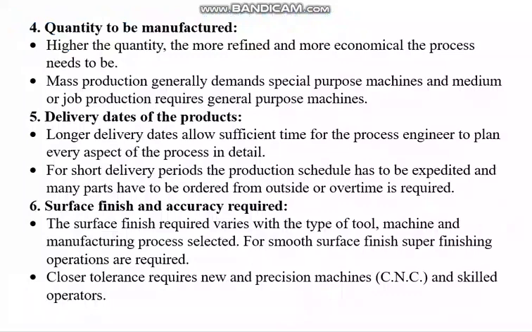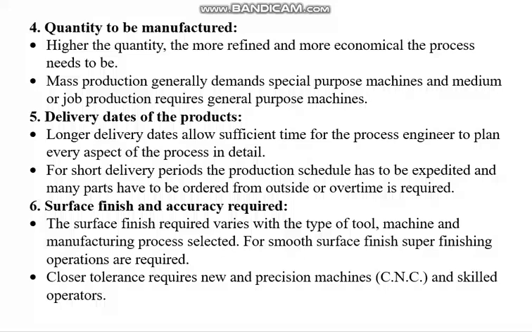Then next is quantity to be manufactured. How many things you want to manufacture? Higher the quantity, the more refined and more economical the process needs to be. Suppose you have to produce only few, 5 parts, 10 parts, then you will not be making a detailed process planning for that.